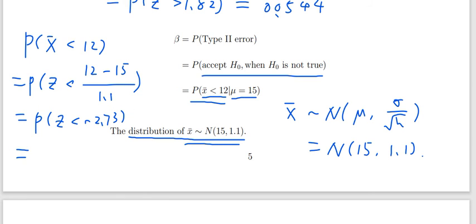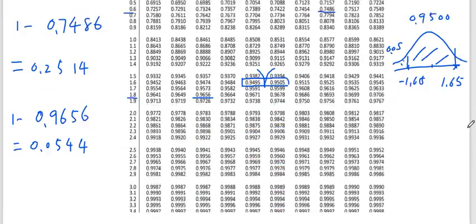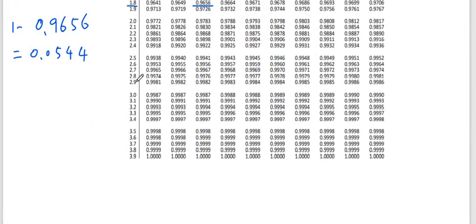So from the Z table, we can find this. So let's check 2.73. 2.7, 2.73. This one, right? So 0.9968.